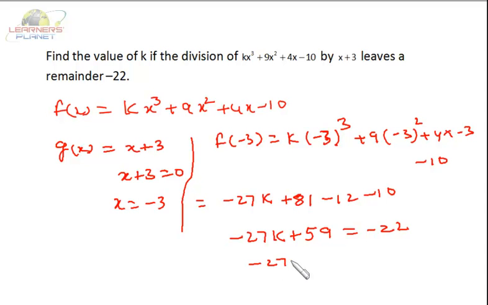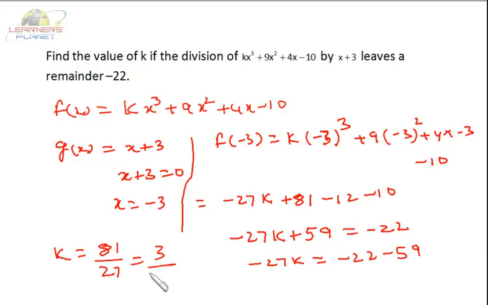So minus 27k should be minus 22 minus 59. So we can get the value of k, which is 81 by 27, that is 3. Okay, a very simple application of remainder theorem. Okay, let's do more questions.